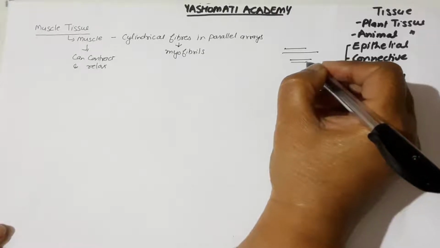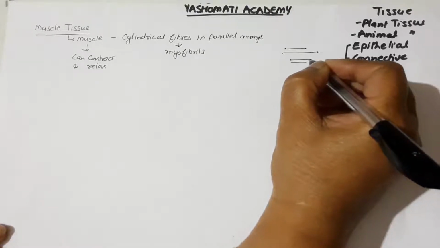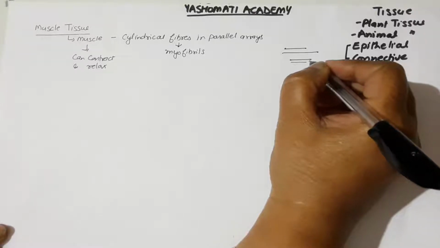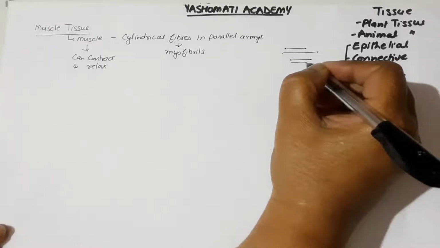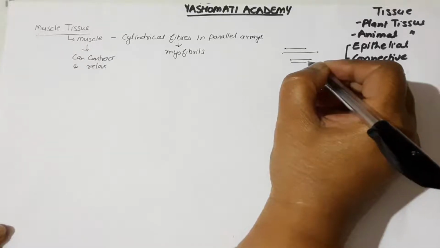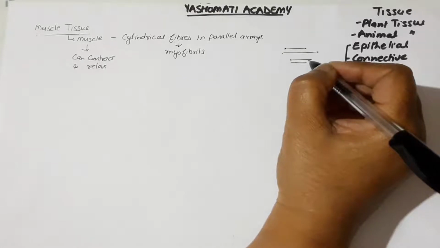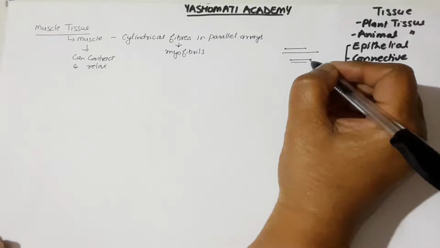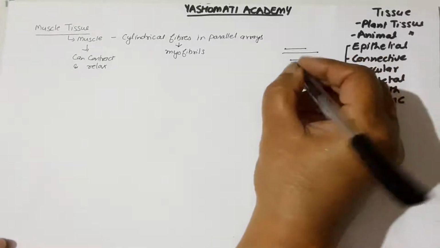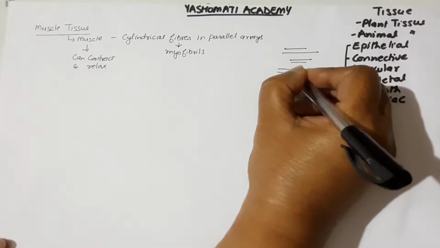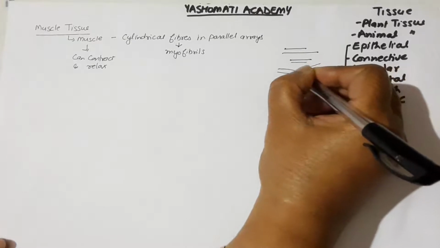Because of this, the parts which may be attached to these muscles can move. And because muscle can cause movement in only one direction, usually we see that there are two pairs of muscles which are attached to the bones to cause antagonistic movement. Let us try to understand it in further detail. Let us say that this is the bone which is attached to another bone.